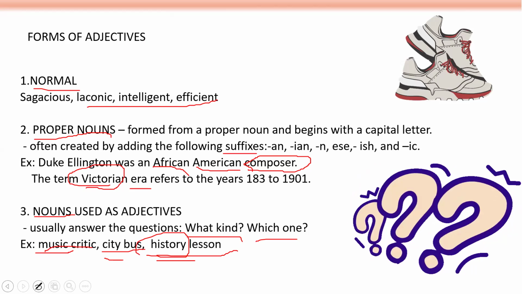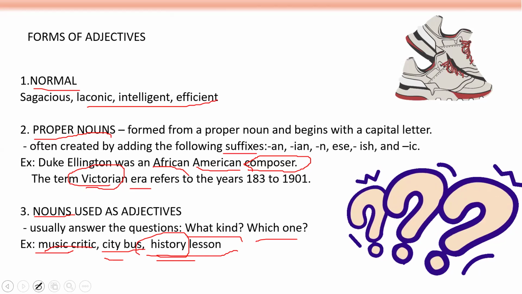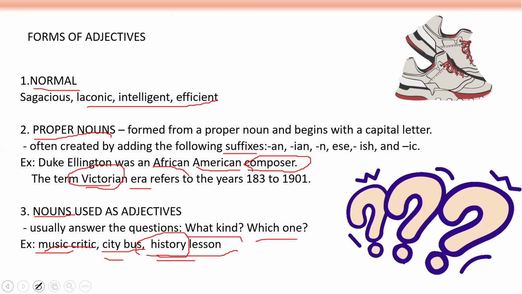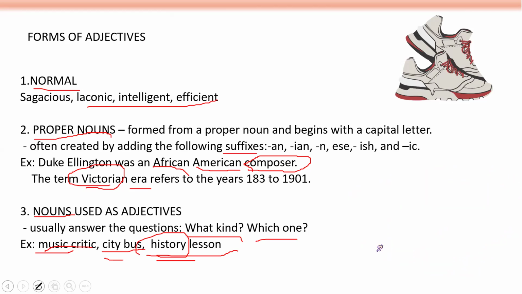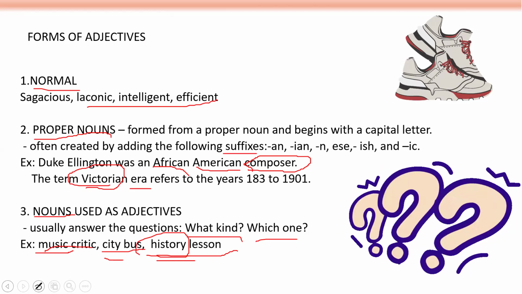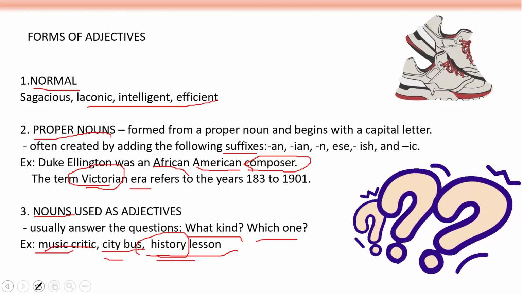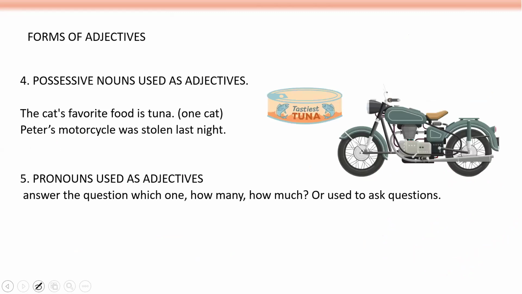But British can also be a proper noun because when you use the word British itself, you can pertain to the people in the UK. British. And then number 3, nouns can be used as adjectives, such as piano lessons, English class.